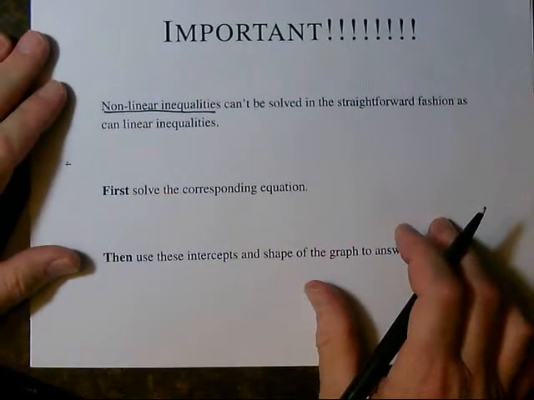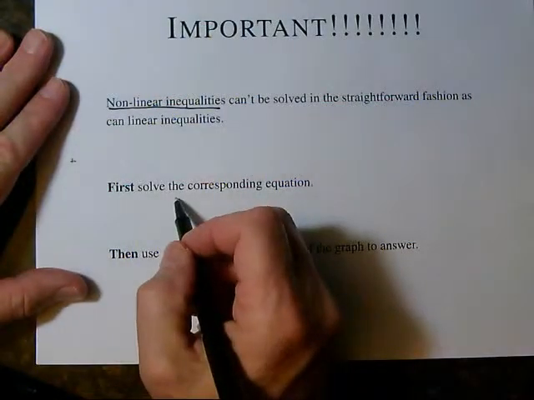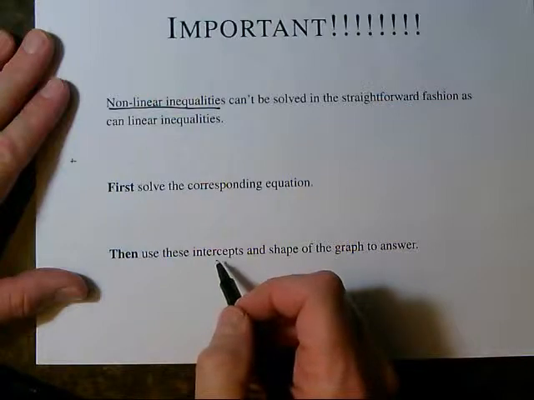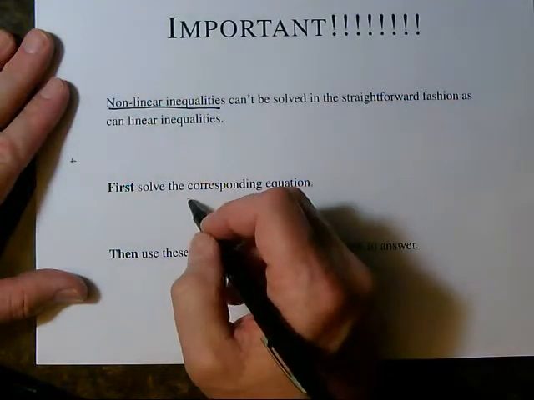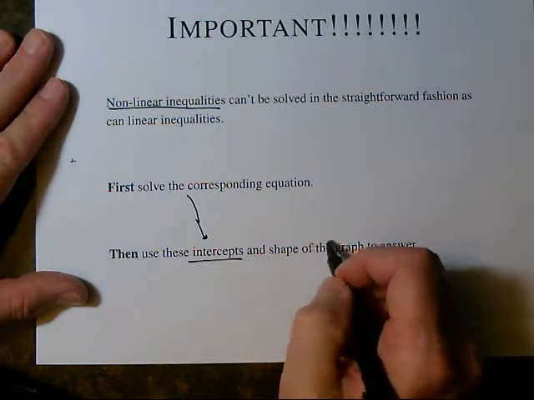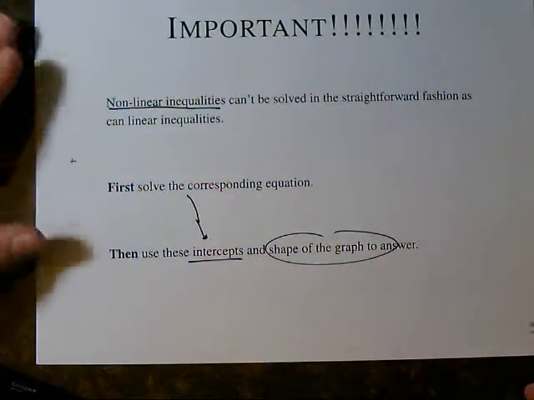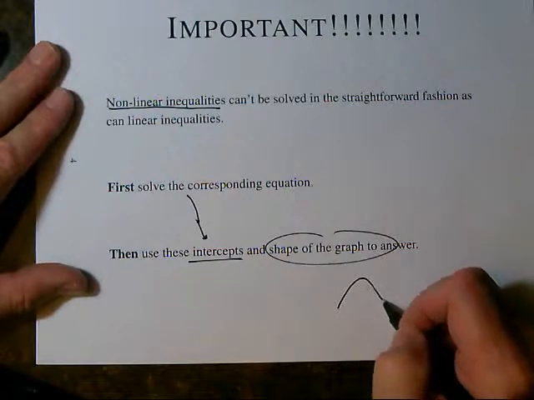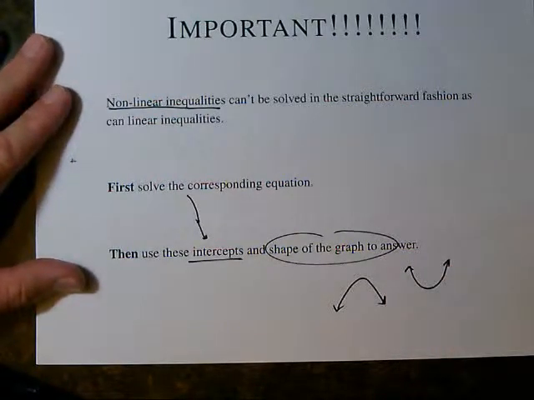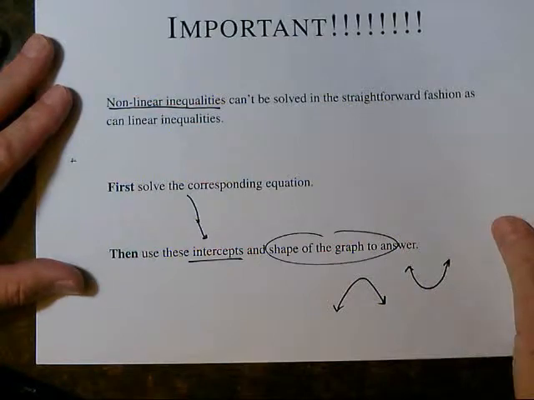So the only way to safely do this is first solve the corresponding equation, and when you solve, you'll get the intercepts, and then use the shape of the graph. Quadratic functions have nice simple shapes. They're either going to be shaped like this or like this, and that will allow us to get a quick sketch of the graph, and we can use the graph to safely get the inequality solution. Okay.